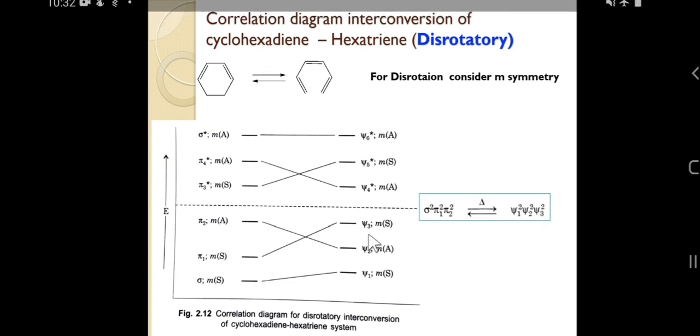As the ground state matches with the ground state, that is sigma 2, pi 1 2 and pi 2 2 matching with psi 1 2, psi 2 2 and psi 3 2, then it is thermally allowed. So the disrotatory process in this conversion is thermally allowed. This is what Woodward and Hoffmann proved in their selection rule.